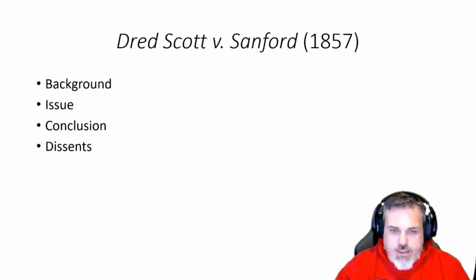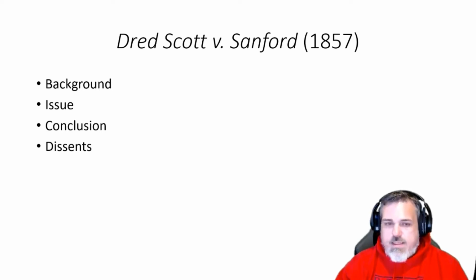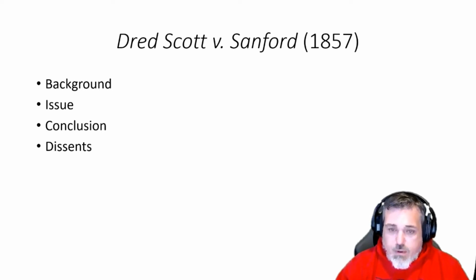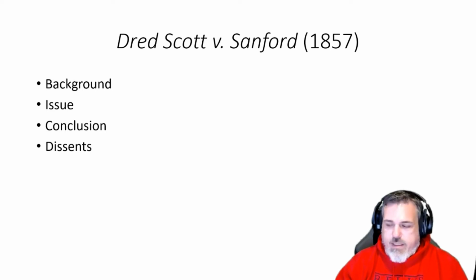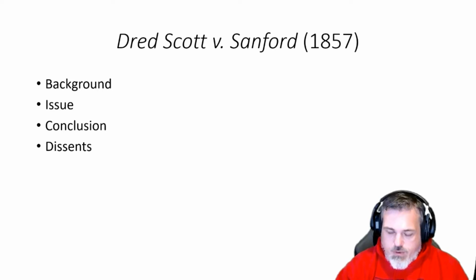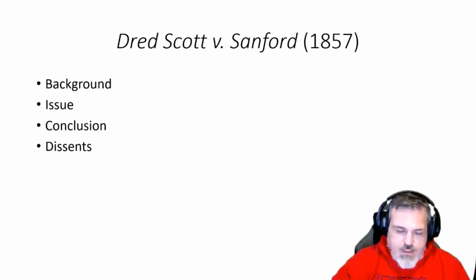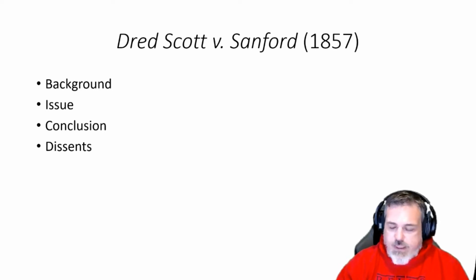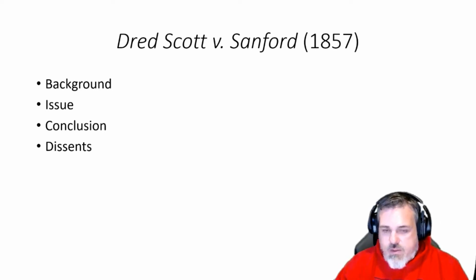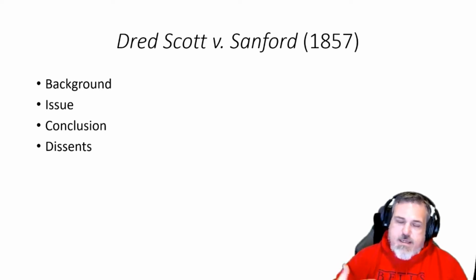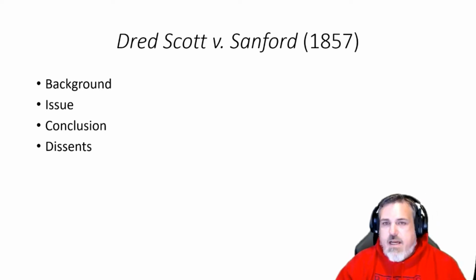So let's go ahead and spend some time with this case, because the factual setup is important. And then Chief Justice Taney writes the majority opinion in the case. What he writes is also important, because it sets precedent that really is troubling. To say that this is the worst case ever decided by the Supreme Court would even downplay the effects that it has.